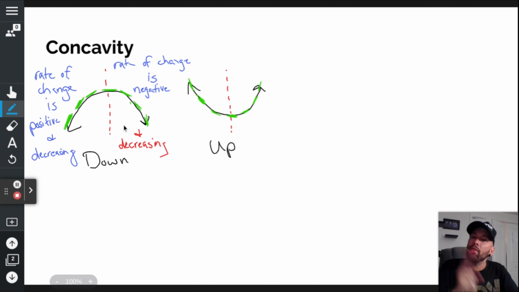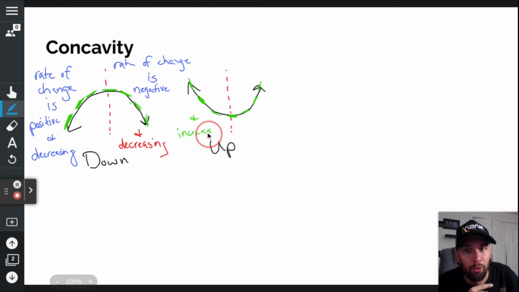However, on the left side of concave up, I go from like a slope of -4 to -3 to -2 to -1 to 0. My negatives are starting to approach 0, which means my rate of change for the left side of concave up is increasing. Ooh, that's different than what I've seen before.